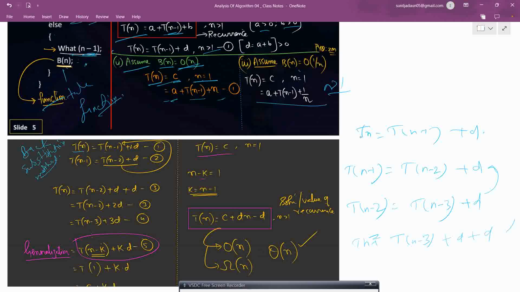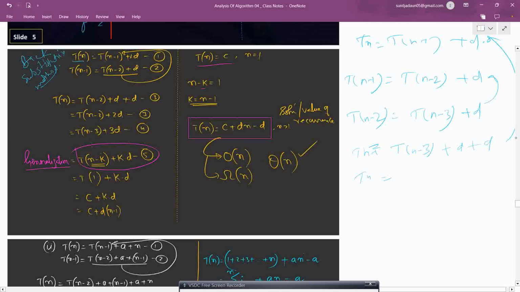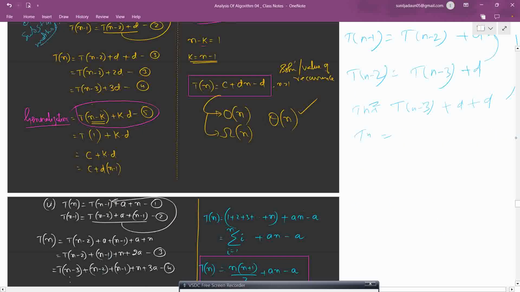If we substitute this equation in this, then T(n) will become T(n minus 3) plus D plus D plus D, which is equal to T(n minus 3) plus 3D.